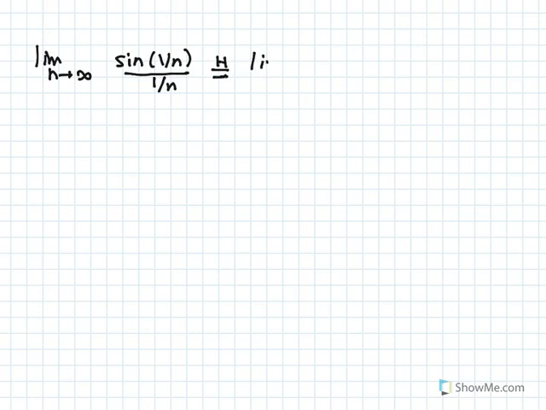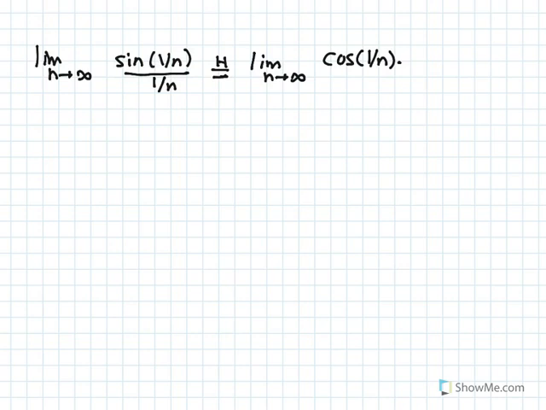All right. So we have the limit as n goes to infinity of sine of 1 over n divided by 1 over n. Applying L'Hopital's rule, we differentiate the top: the derivative of sine is cosine, so we get cosine, keeping the inside intact. Now multiply by the derivative of the inside. Think of it as 1 over x. The derivative of 1 over x is negative 1 over x squared.